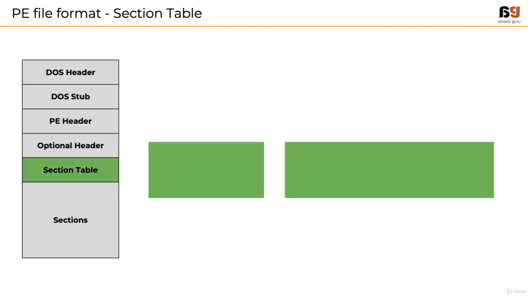Moving on, next we have the section table. This holds information like virtual size, which is the total size of the section when loaded into memory. Size of raw data is the size of the initialized data on disk.